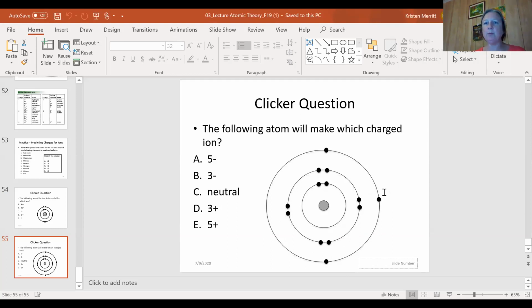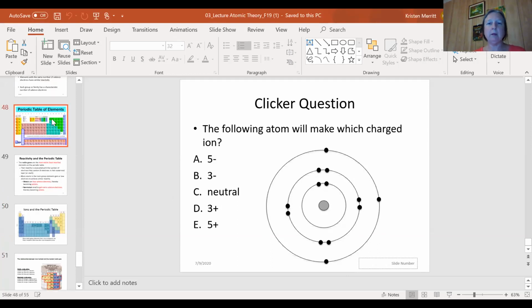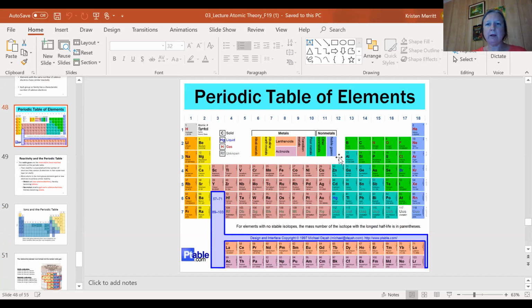So if this is period 3, and it has 3 electrons, that's aluminum, right? 1, 2, 3. And by the way, make sure you start, if you count, you start from the outside. If you go from here, you'll count wrong. 1, 2, 3, and go over. So that's aluminum. But when aluminum loses its electrons, the electron configuration that it's going to carry now is neon, which is period 2, because it's getting rid of the outer shell and it's going to be the configuration of the inner core.